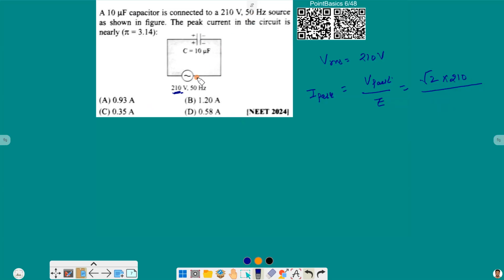Now as this is a capacitor, XC, that is the impedance offered by the capacitor, is 1 by omega C. So omega is 2 pi into 50, and the capacitance is 10 microfarad, so 10 into 10 raised to power minus 6.